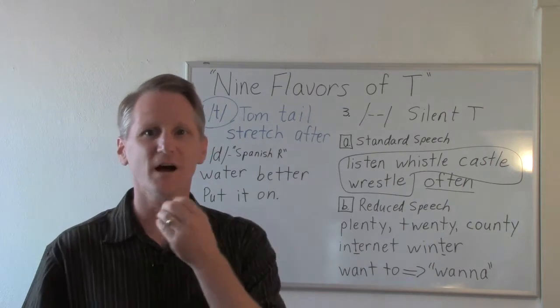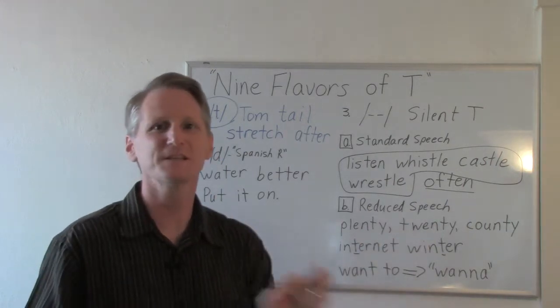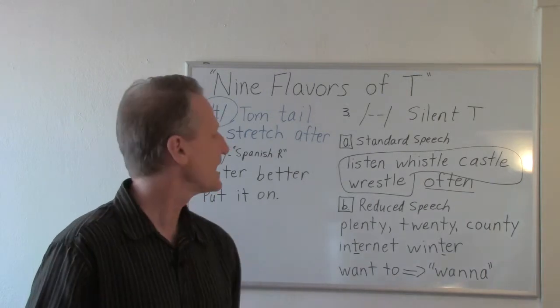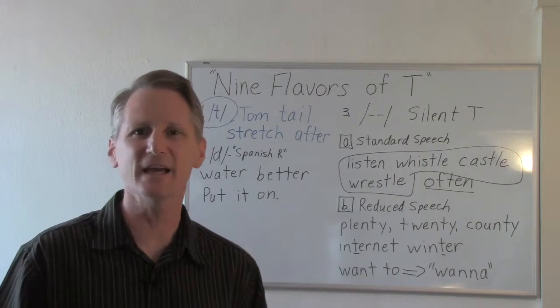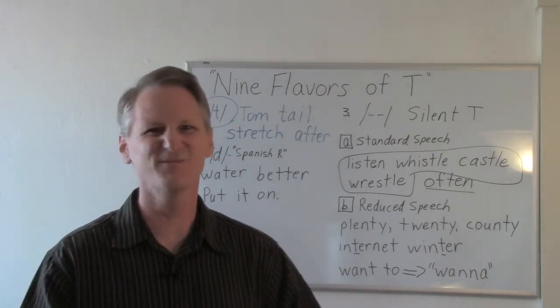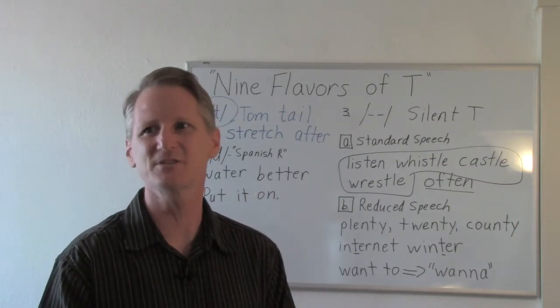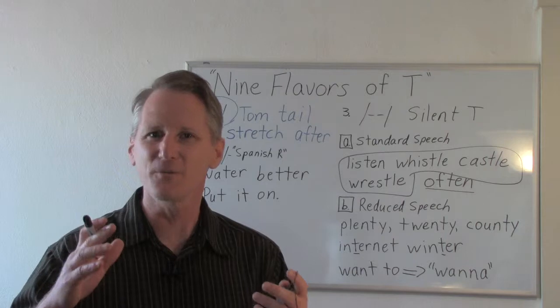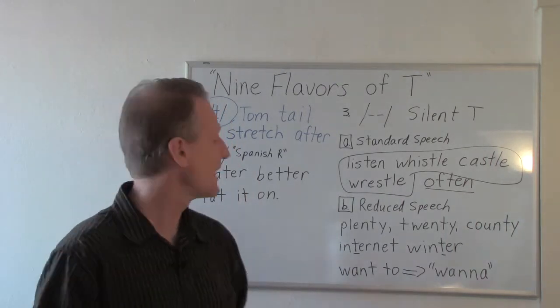You will hear a vocalization for the T's in these words some of the time, okay? It's considered reduced speech. It's not really considered slang. It's just considered what we speak when we're communicating rapidly. It's not considered street speech, but it's not full formal speech. Okay, but you'll see it's very common.